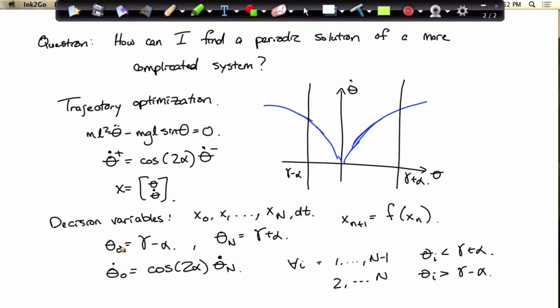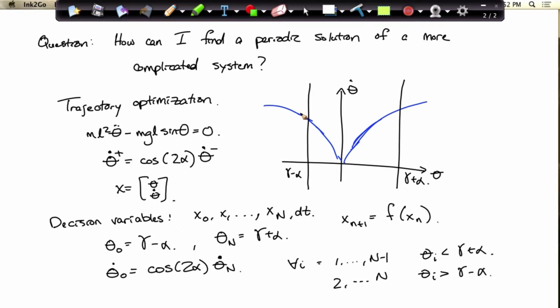This is exactly a trajectory optimization problem we've already seen, but I'm just giving it a few extra constraints. One is that it starts and ends in a particular part of state space, but I'm only constraining the position, not the velocity. The second is that this update rule gets enforced, and that's going to constrain it to be a periodic solution.